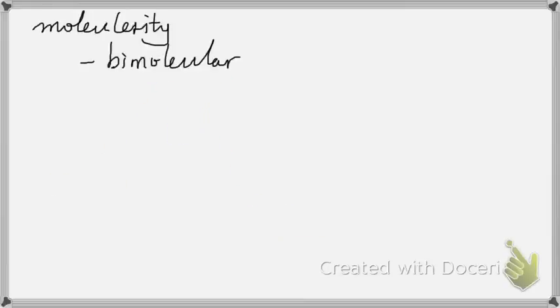Alright, so the concept of molecularity. Molecularity is the number of species that undergo a chemical reaction, a chemical change in that elementary step. If the elementary step involves two molecules, we say that's a bimolecular reaction. If it involves only one molecule, we call it a unimolecular reaction.